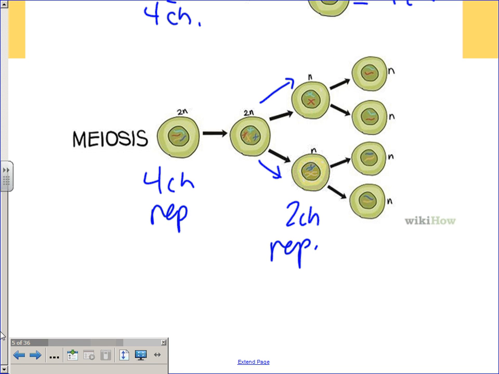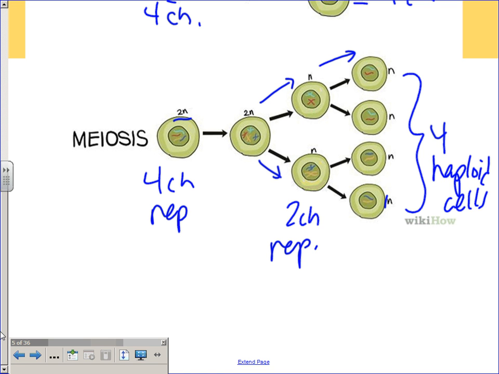And then they go through another division, and we end up with 4 what kind of cells? Haploid or diploid? Look at the letters. We have 2N, and then we go down to 1N, and so that's 4 haploid cells. If we start off with 4 chromosomes, they're ending with 2 chromosomes. So that's why I went from 4 to 2, so it halved.